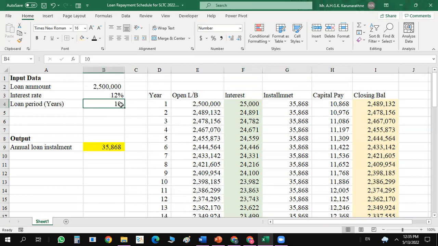Think creatively. පොඩි clue එකක් දෙනවා නම්, loan period එකේ years ගානයි මේ years column එකයි link කරලා set කරන්න.